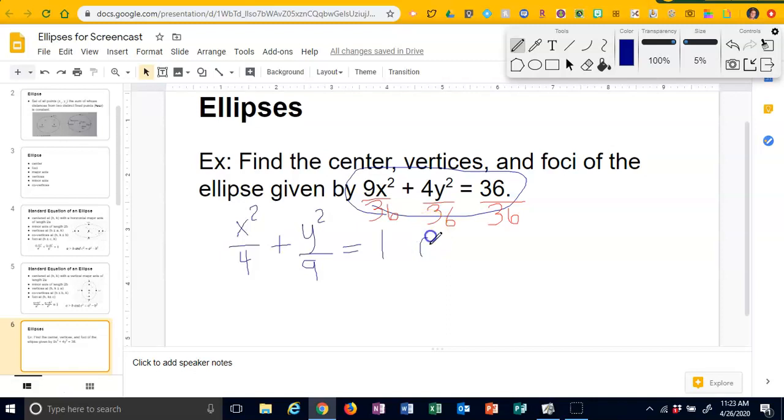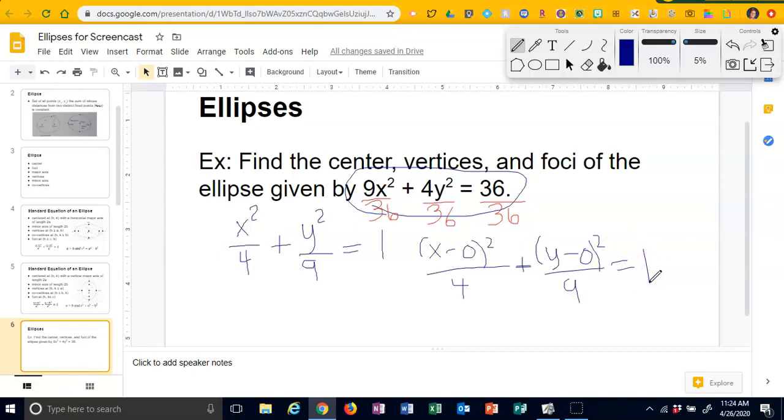I'll try to write it nicely. (x minus 0) squared over 4 plus, and I'll do the same thing here, (y minus 0) squared over 9, and that's equal to 1.